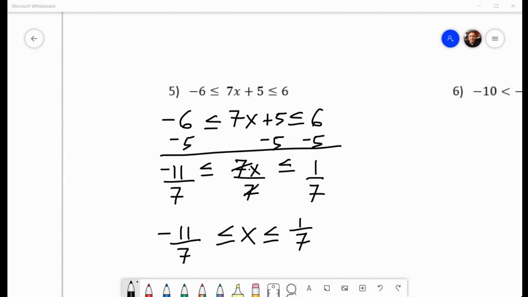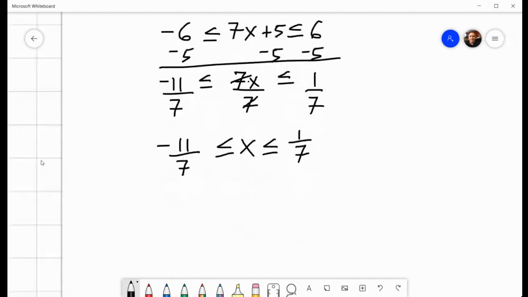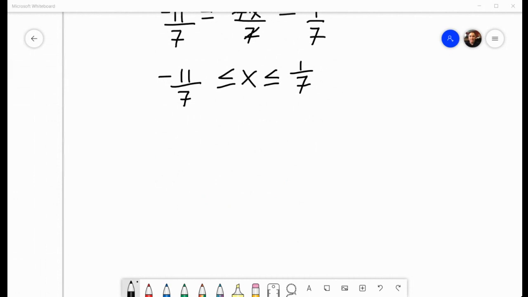And now notice our solution set is a closed interval. So in this case, we're going to have negative 11 over 7, comma, 1 over 7. We'll just fix that 1, make it nice.